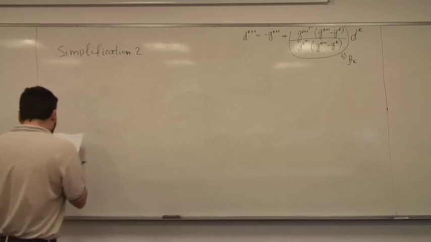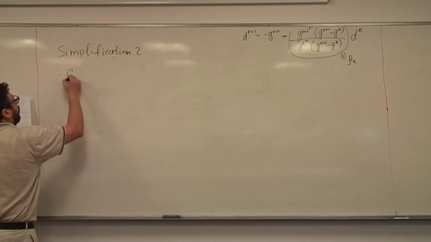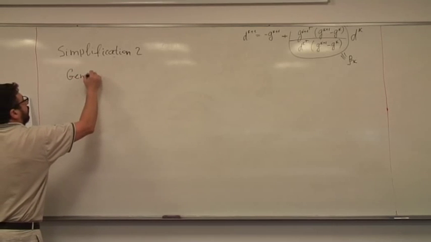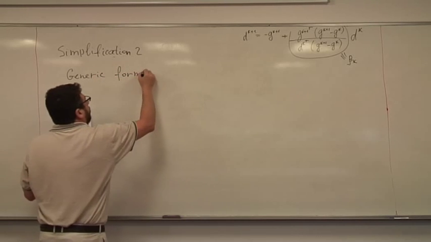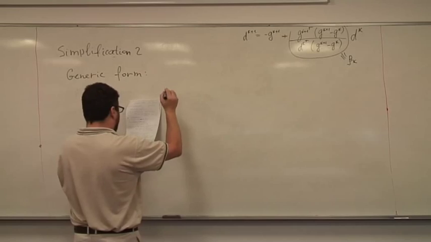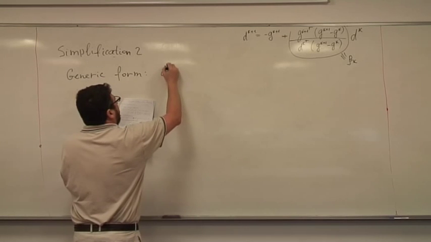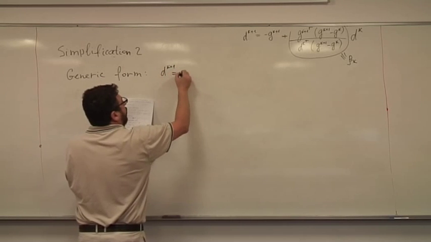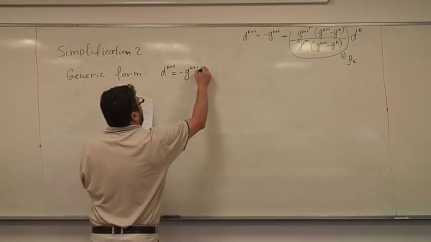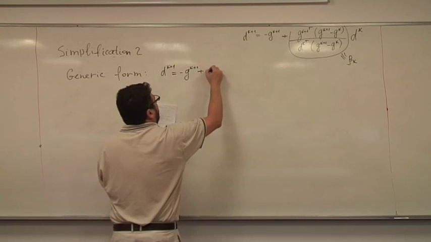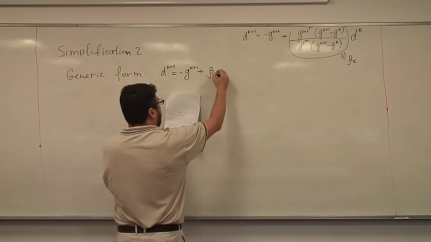So we have this generic form: d k plus 1 equals minus g k plus 1 plus beta k dk.